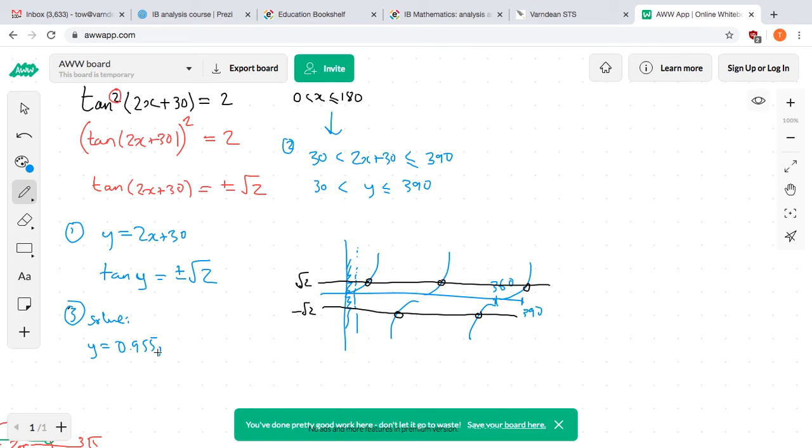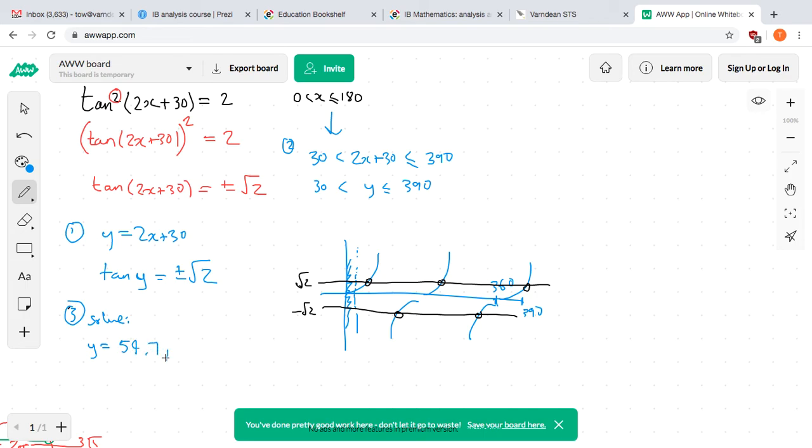Oh, hold on. Sorry, I did that wrong. It's supposed to be in degrees, wasn't it? See, very easy to make that mistake, isn't it? I was in radians. So look, y is 54.7.